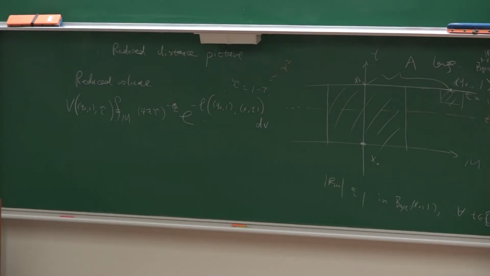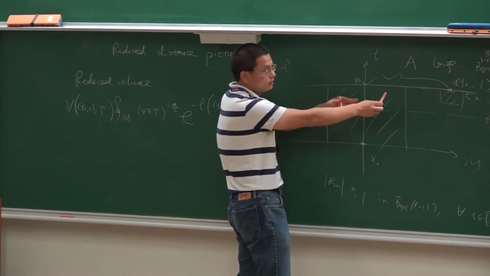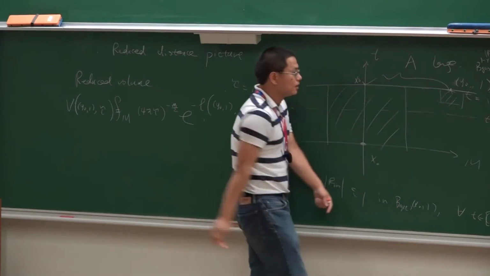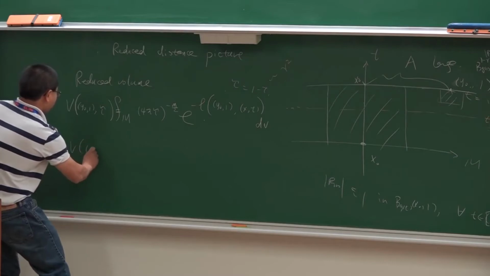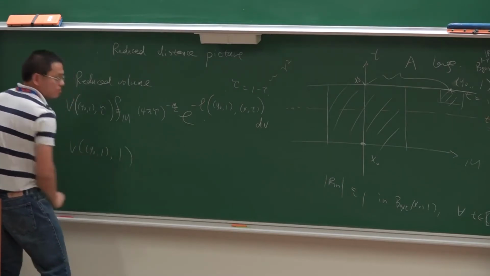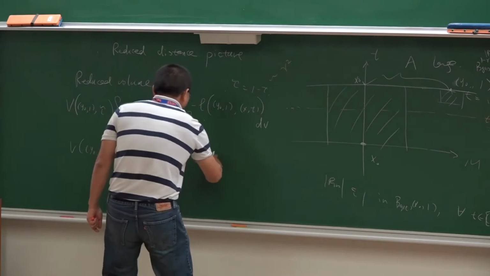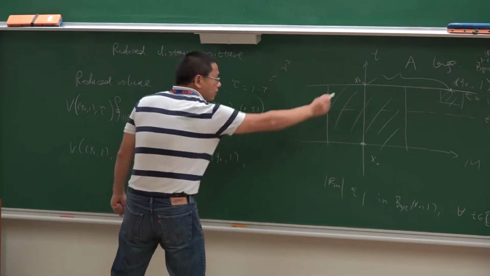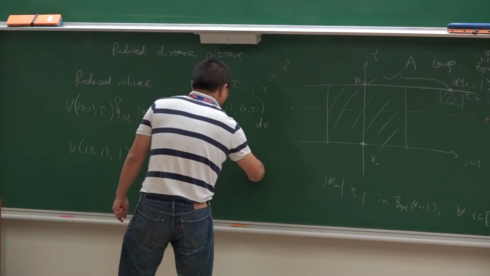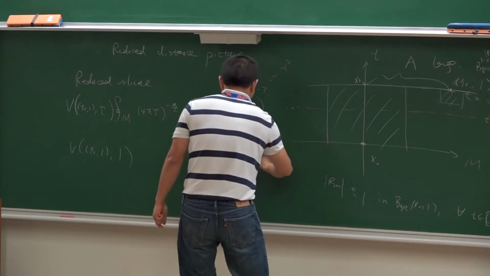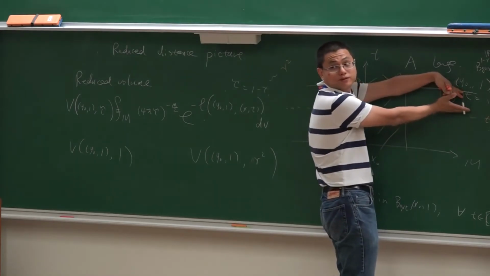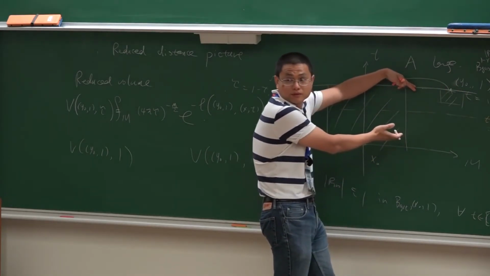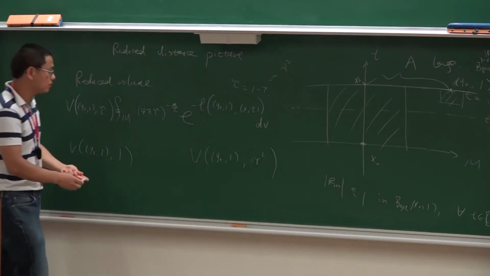So using this reduced volume picture, Perelman shows the following. You consider the reduced volume at tau equals 1, and you consider the reduced volume at the scale of radius, let's say r squared. So I choose this small tau reduced volume, and this large tau equals to what?